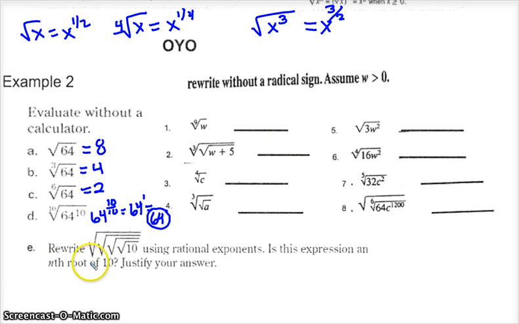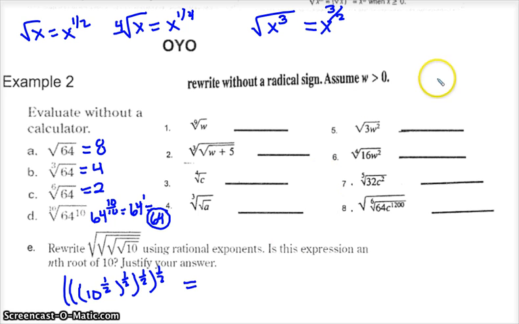Alright, let's look at rewriting 10 to the square root, square rooted, square rooted, square rooted. Isn't this really 10 to the 1/2 raised to the 1/2 power, raised to the 1/2 power again, and finally one last time being raised to the 1/2 power.